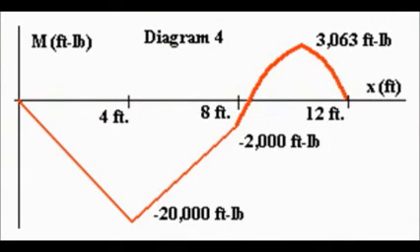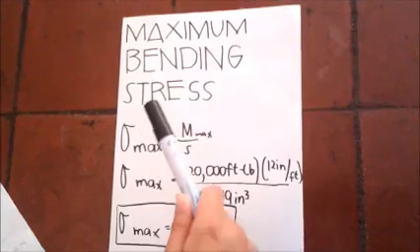We can see from the bending moment diagram that the maximum bending moment is 20,000 foot-pounds and occurs at x equals 4 feet. We will drop the negative sign, which simply tells us that the beam is bent concave facing downward at this point. This means the top of the beam is in tension and the bottom of the beam is in compression.